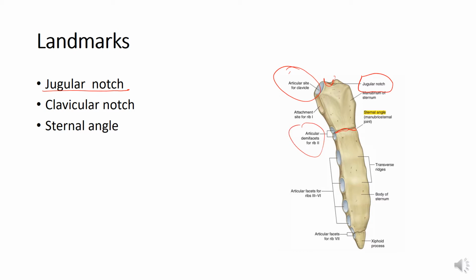So we can easily count the ribs below that. Second rib is attached to the prominence where we can feel it, and below will be the second intercostal space, and then the third rib, fourth rib. So that is how we calculate the intercostal spaces.